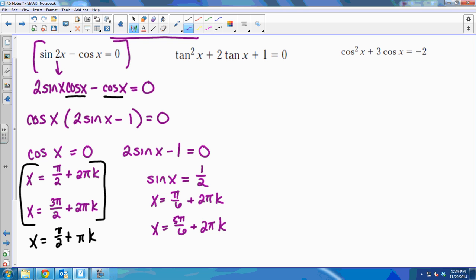There's 120 degrees between them, but then the next time you'd have to go 240 degrees. So you'd have to do it separately. Questions on this first one?